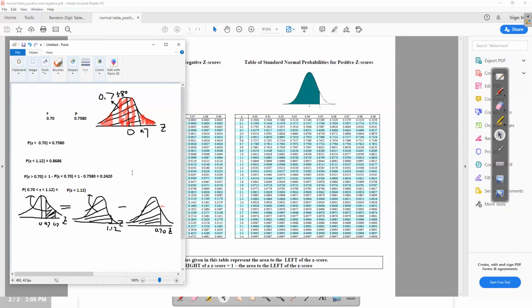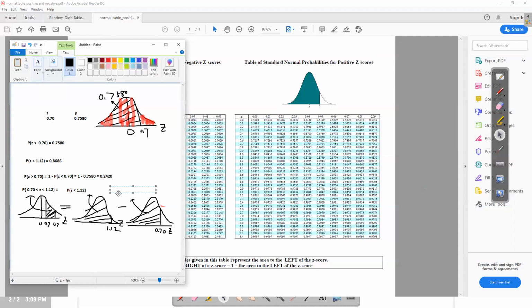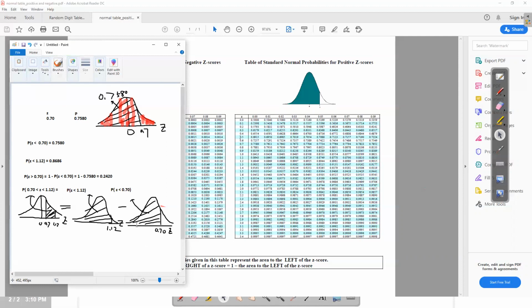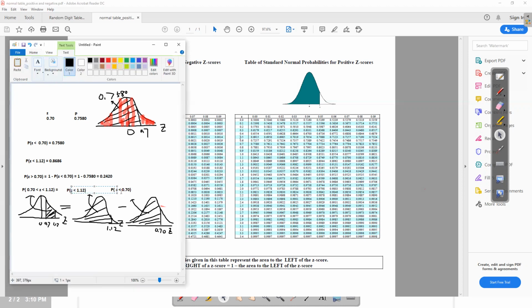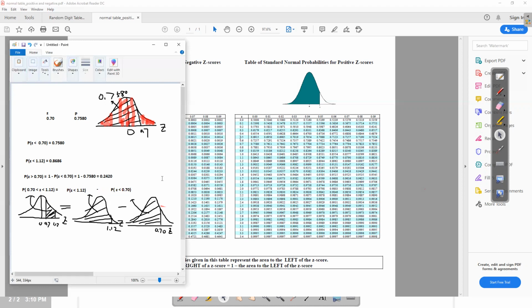And this event, if you write it out, would be the probability of z less than 0.7, right? And we know this area equals this minus this, so that means this event's probability equals this probability subtracting this. And that's it.